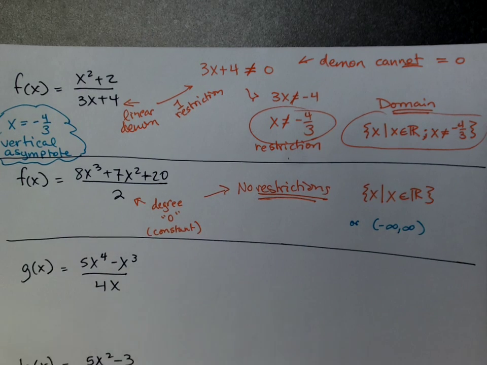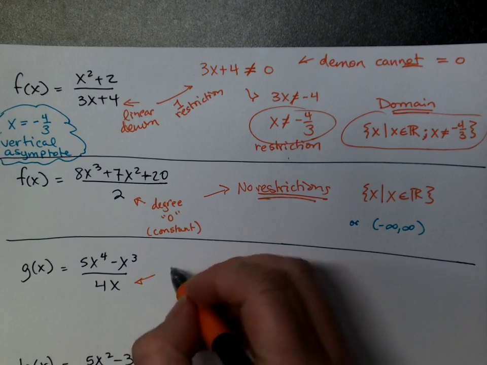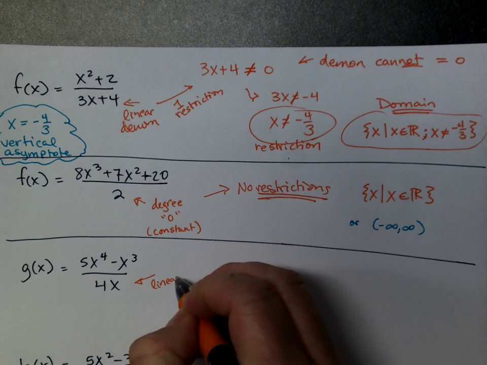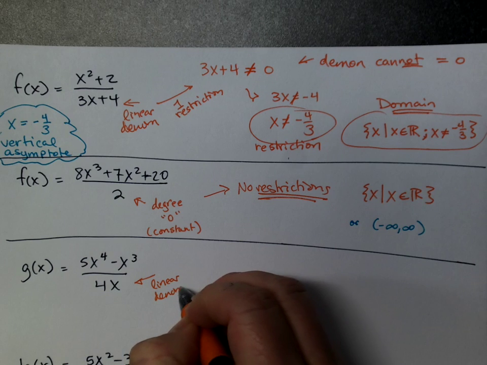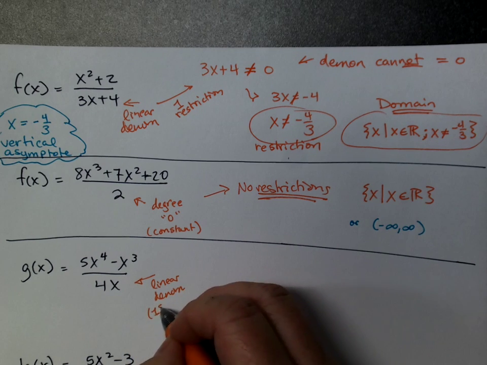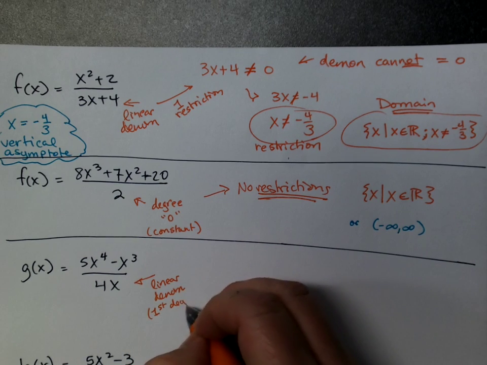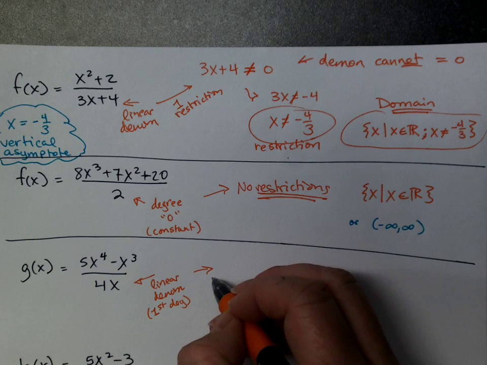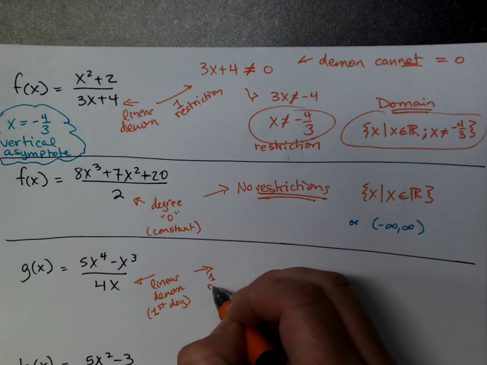Okay, so here, what is the degree of our denominator? 1. Yeah, it's a linear denominator. So that is first degree, or degree 1. So how many restrictions will we have? 1. Yeah, 1 restriction.